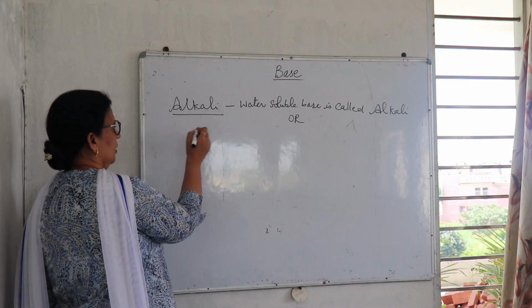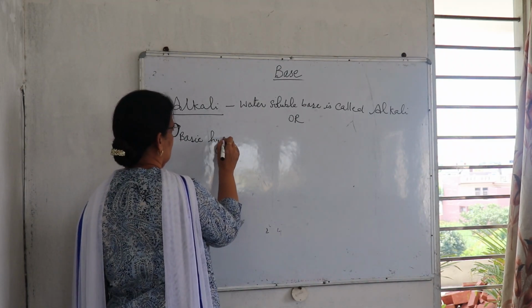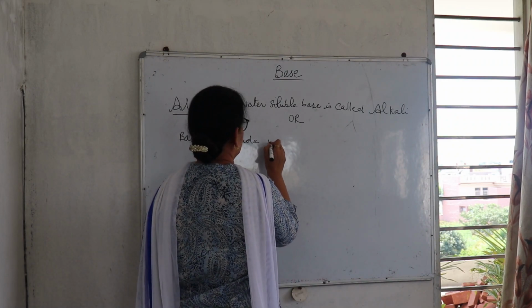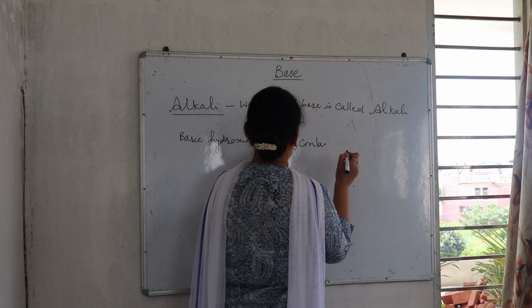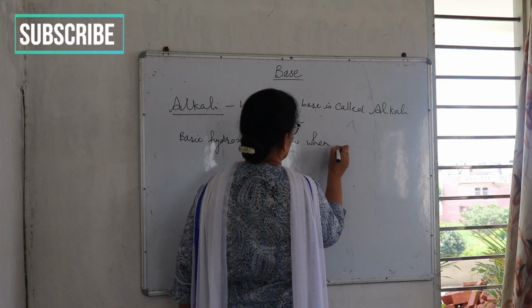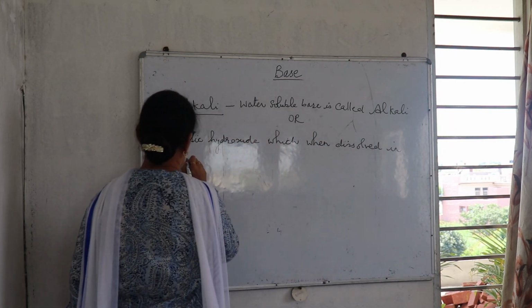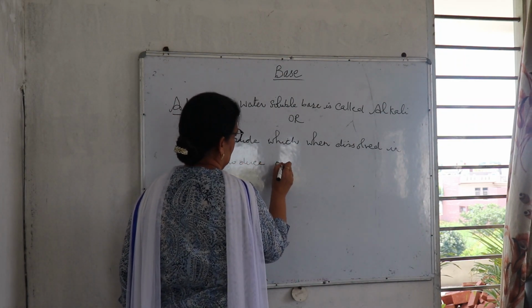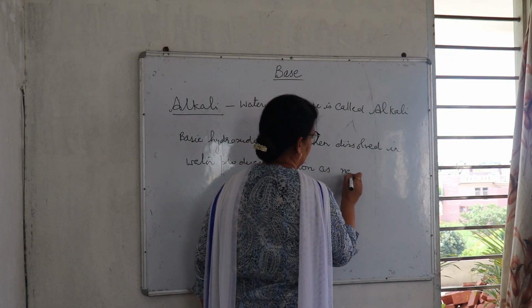So what is an alkali? It is a basic hydroxide which, when dissolved in water, produces hydroxyl ion as negatively charged ion.